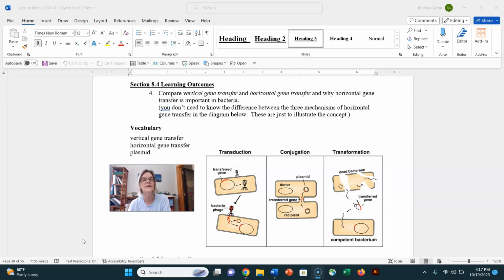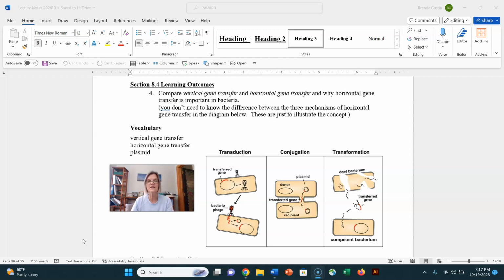So our learning outcome is to compare vertical gene transfer and horizontal gene transfer, and why horizontal transfer is important in bacteria. Now that sounds like a weird fancy genetics thing, but you're quite familiar with vertical gene transfer. That's the transferring of genes from one generation to the next.